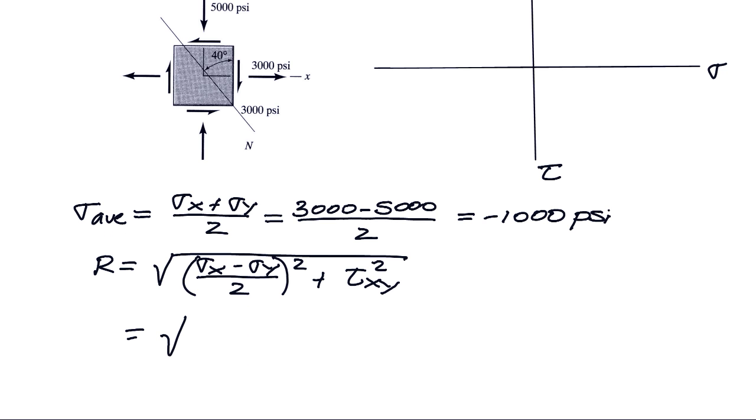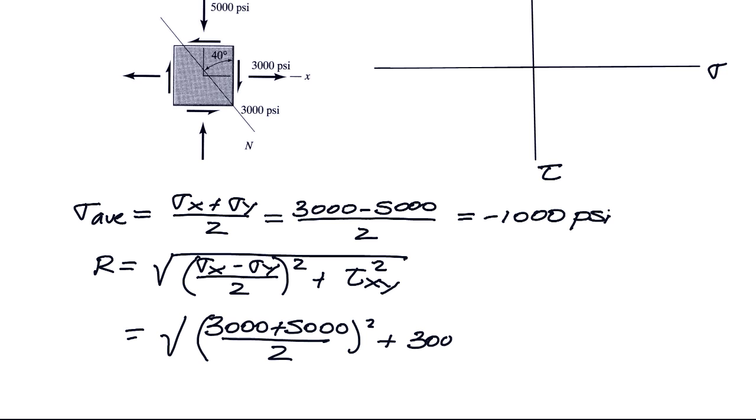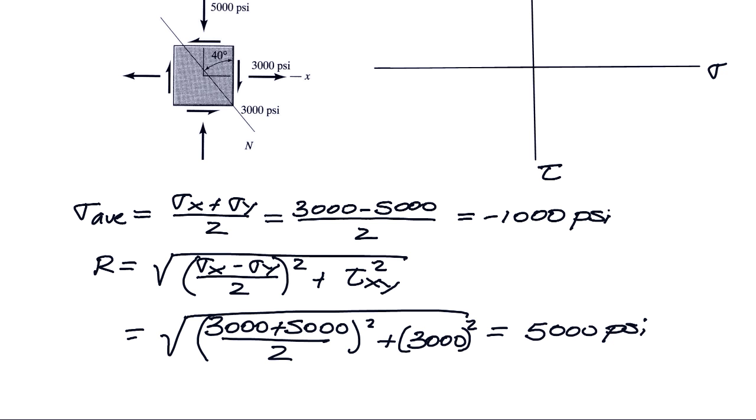So this becomes 3,000 plus 5,000 divided by 2, squared, plus tau xy, 3,000, that quantity squared. So the numerical value for R is 5,000 psi. So that's the information we need to draw a Mohr circle.